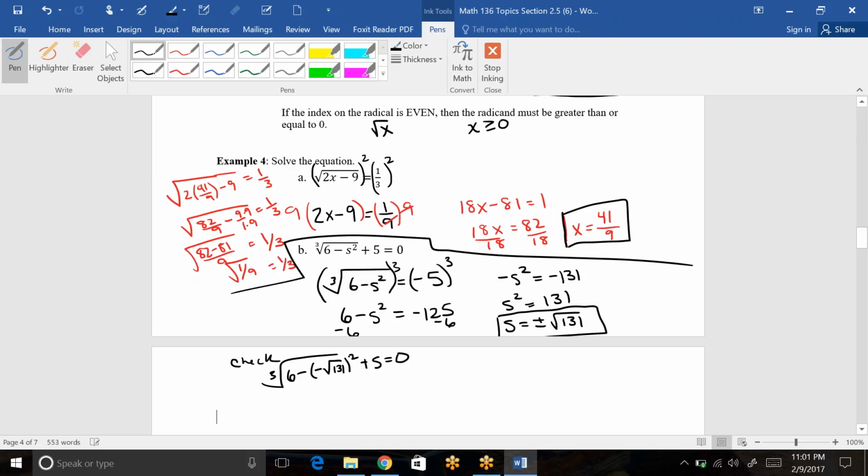The square root gets canceled out when you square. So this actually ends up being 6 minus 131 plus 5 equals 0. That would be the cubed root of negative 125 plus 5 equals 0. Cubed root of negative 125 is negative 5, because remember you can have a negative with an odd root, and negative 5 plus 5 is 0.